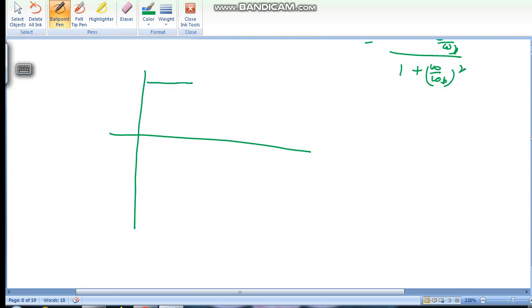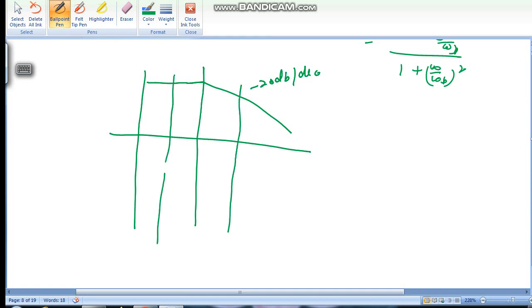Now this is positive, so we draw this. Here it is minus 20 dB per decade. And the phase will be like this, with omega p, 10 times omega p, and 0.1 omega p.